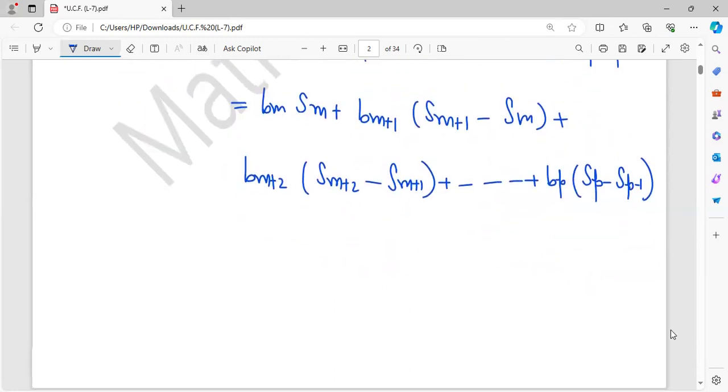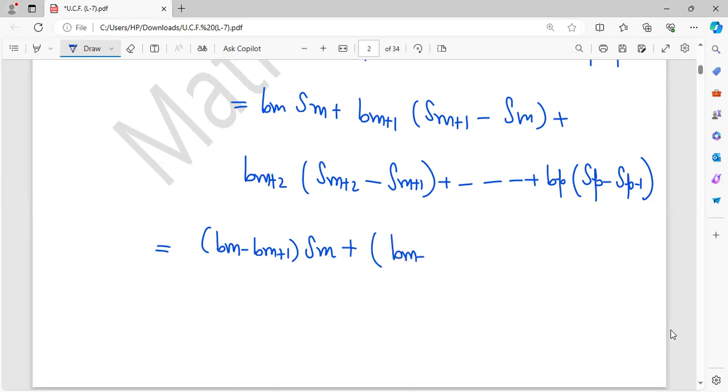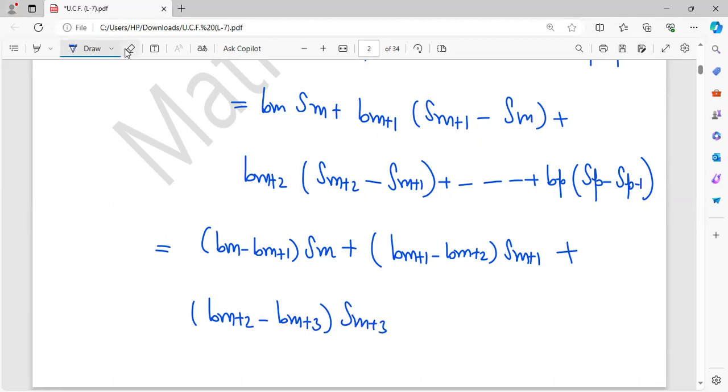So you see that I can take Sm common. From here it will be Bm minus Bm plus 1 times Sm, plus, taking Sm plus 1 common, Bm plus 1 minus Bm plus 2 times Sm plus 1. The next term will be Bm plus 2 minus Bm plus 3 times Sm plus 2.